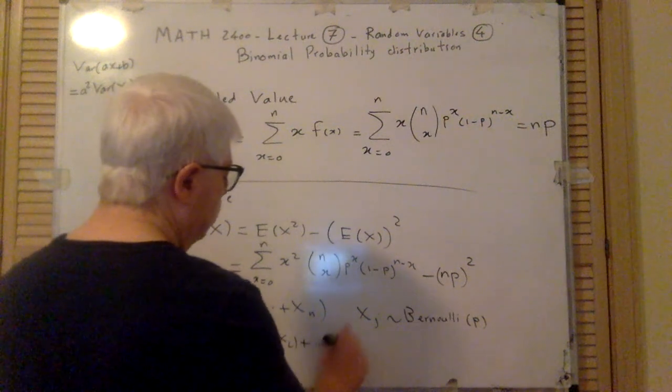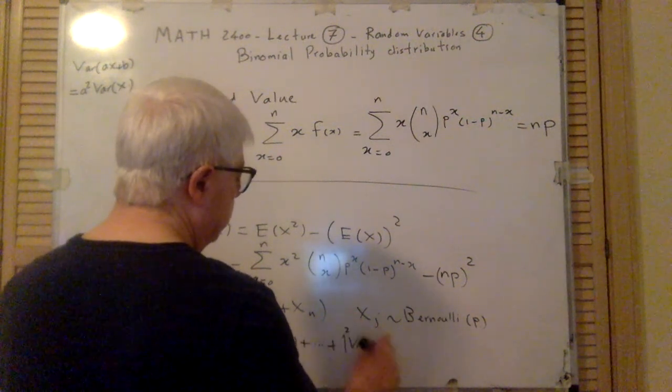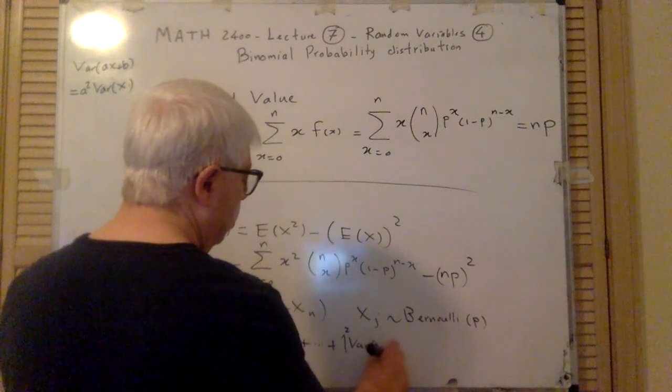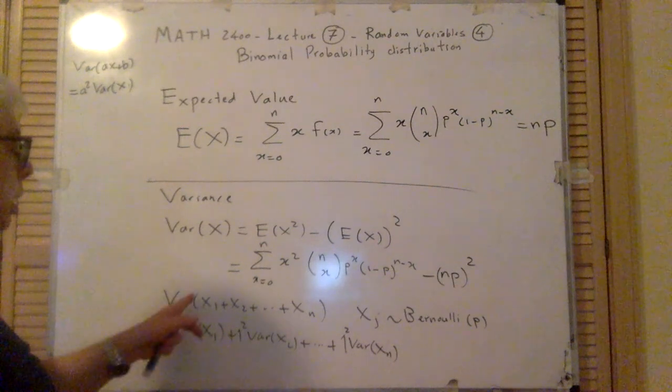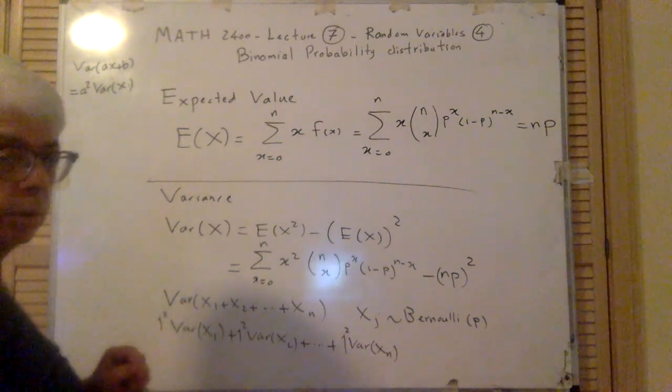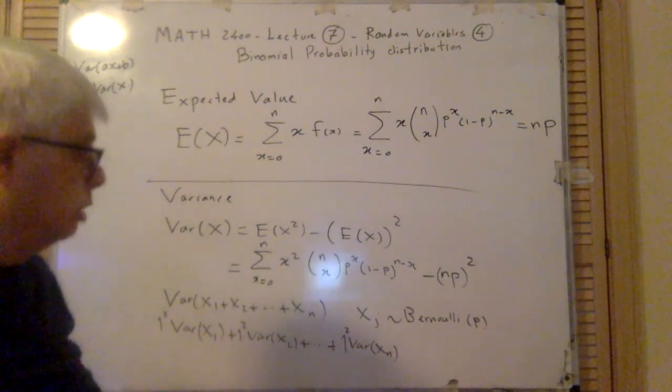The 1 comes from the fact that each one of them has a coefficient 1. If I had 2x1, I would get 2 squared; 10x1, 10 squared, right? So using that formula, that's what happens.